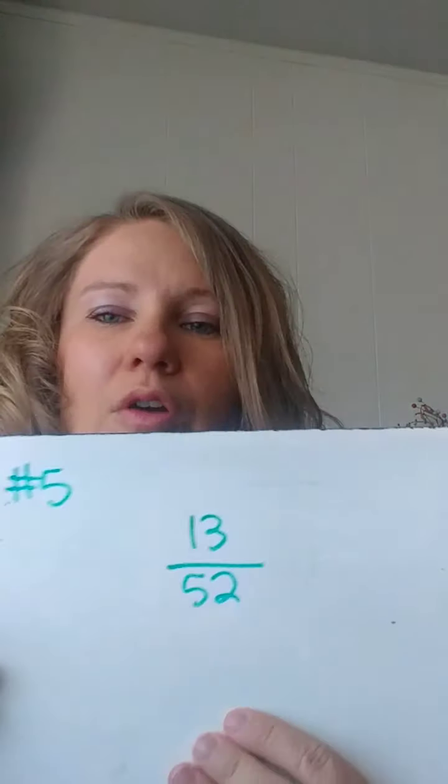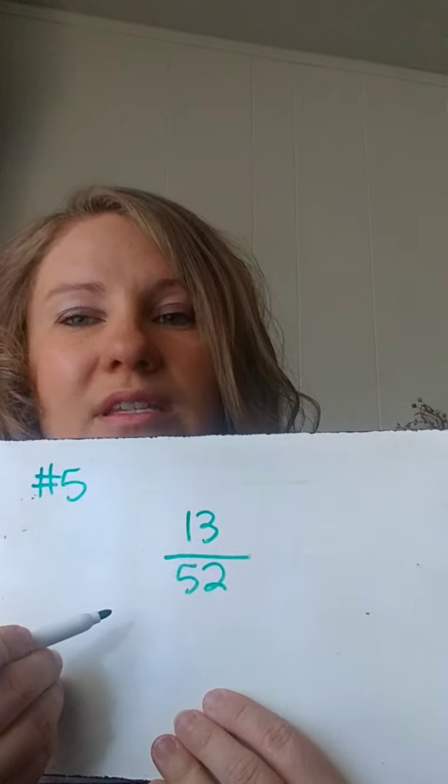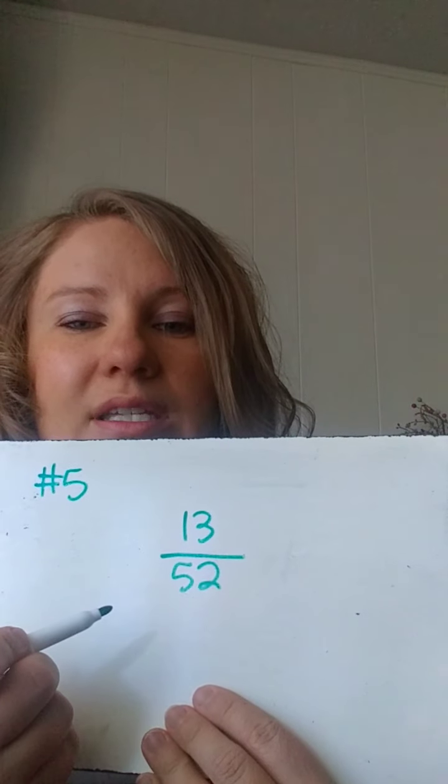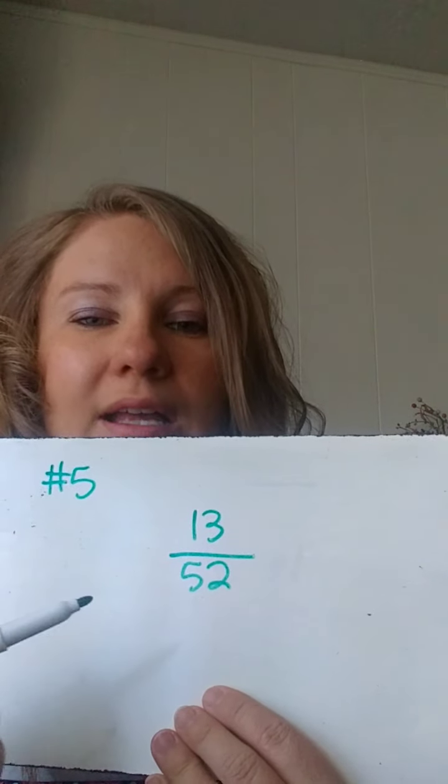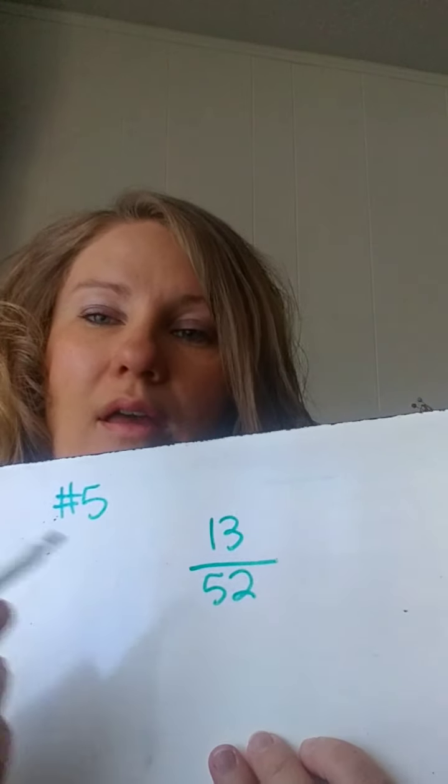All right. So there are 13 hearts in a deck of 52. So it wants to know if it's 1/4 of the deck or 3/4 of the deck. So let's divide 52 by 4 and see if it's 1/4 or 3/4.